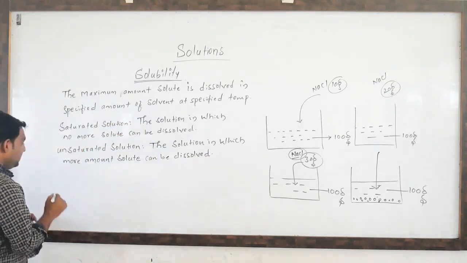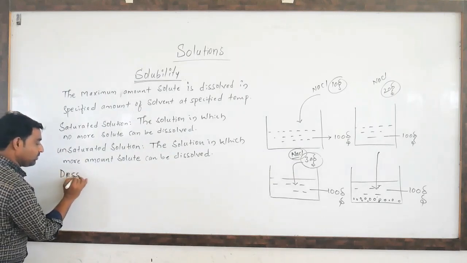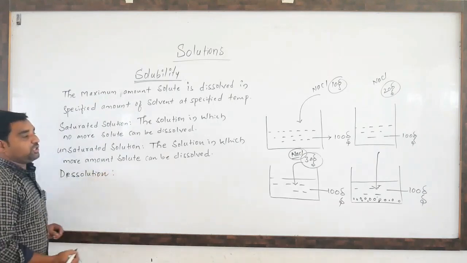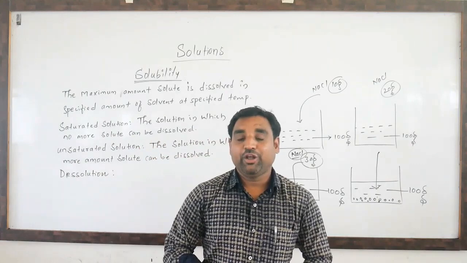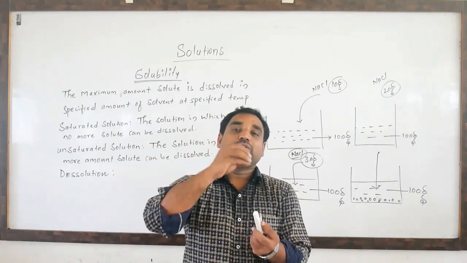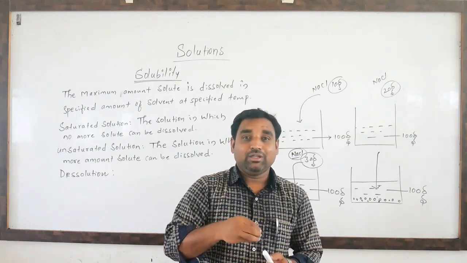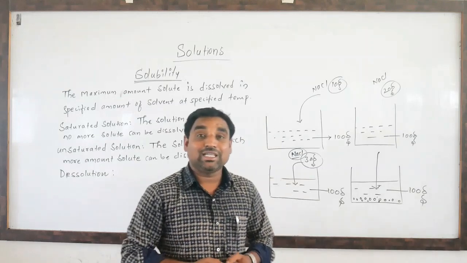And one more is there, the dissolution process. Dissolution means the solute getting dissolved in a solvent. When we add the solid solute to the solvent, that solute will be dissolved in the solvent. So it means the concentration of the solute increases in the solvent.